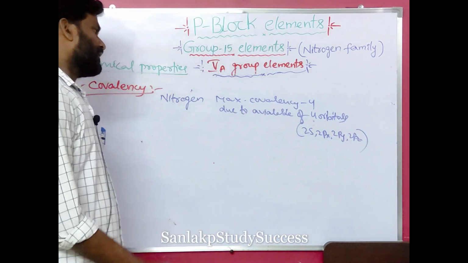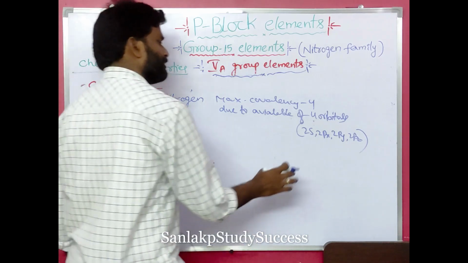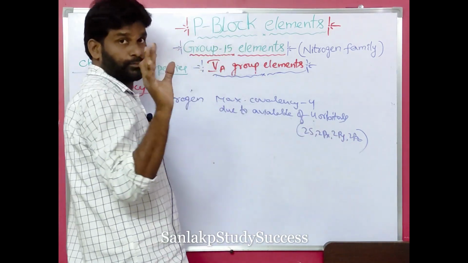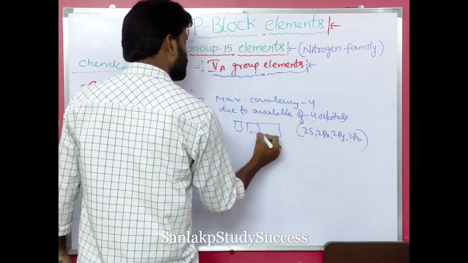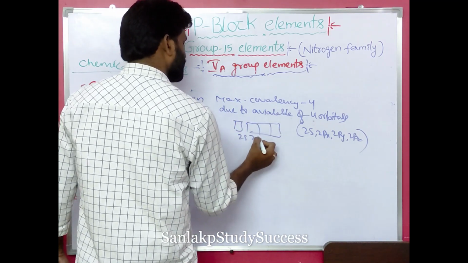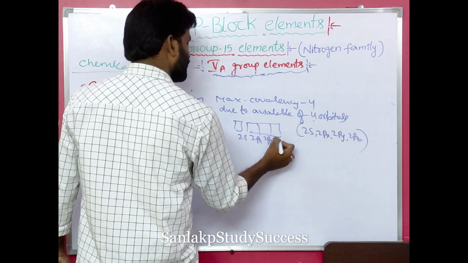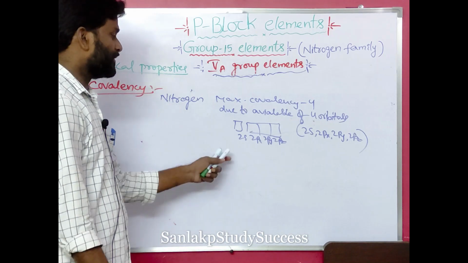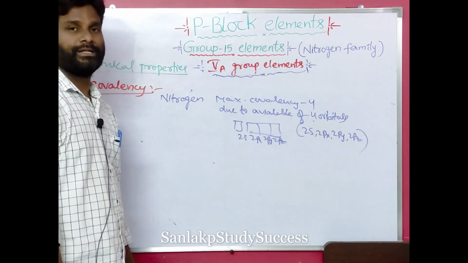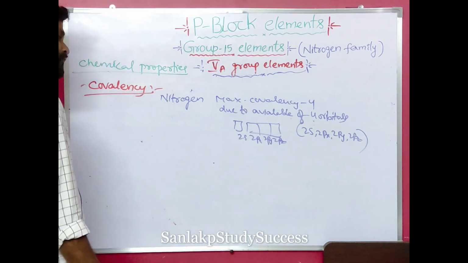It can form a maximum of 4 covalent bonds. It contains only 4 available orbitals, 2s, 2px, 2py, 2pz, so it can form a maximum of 4 covalent bonds.